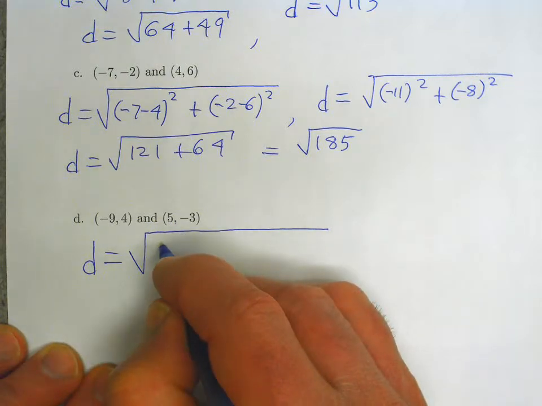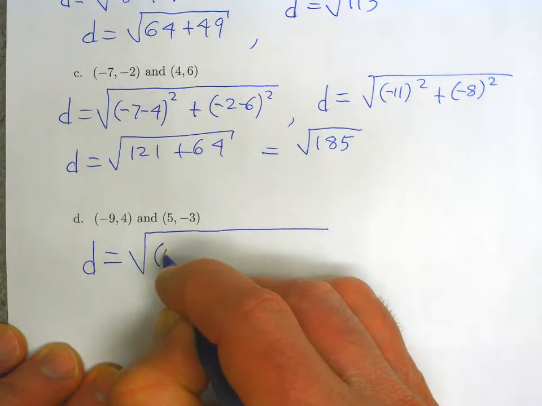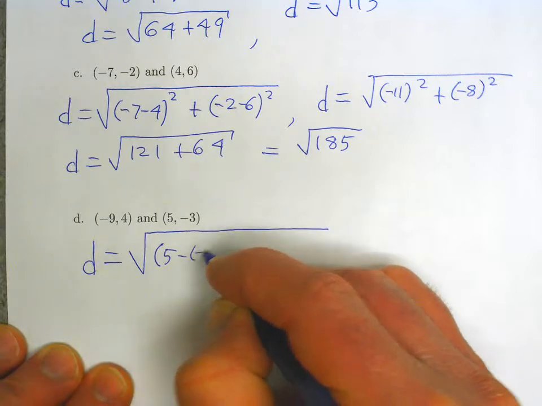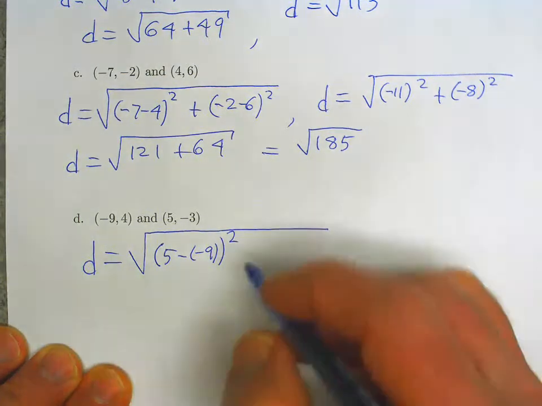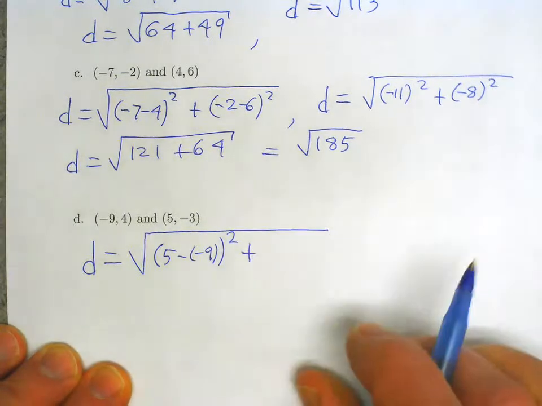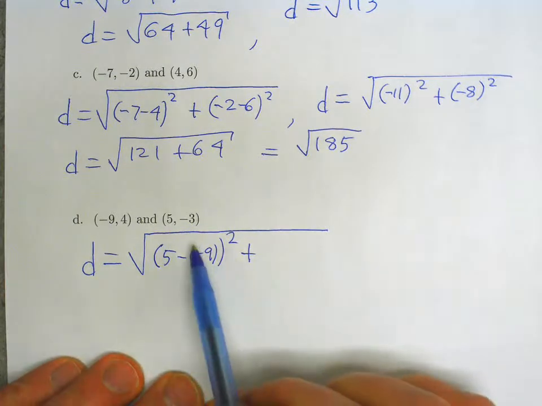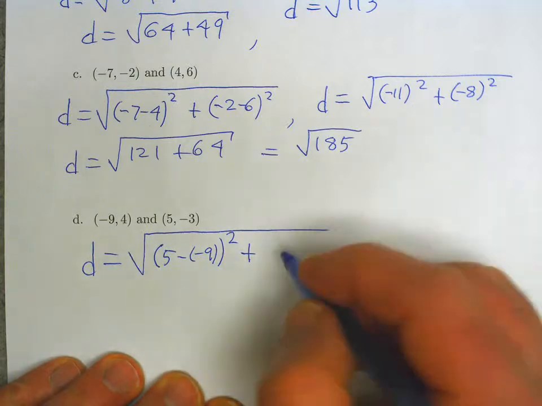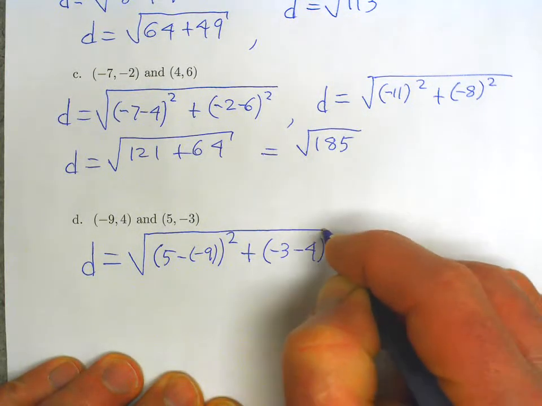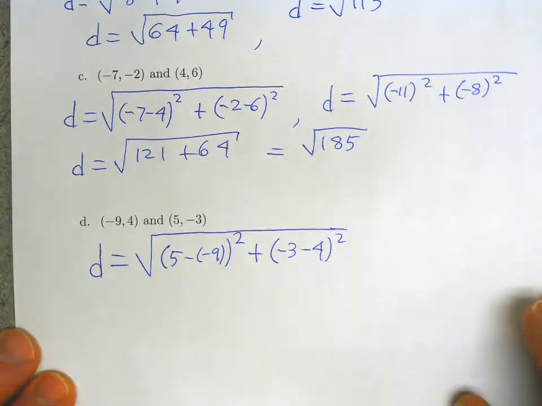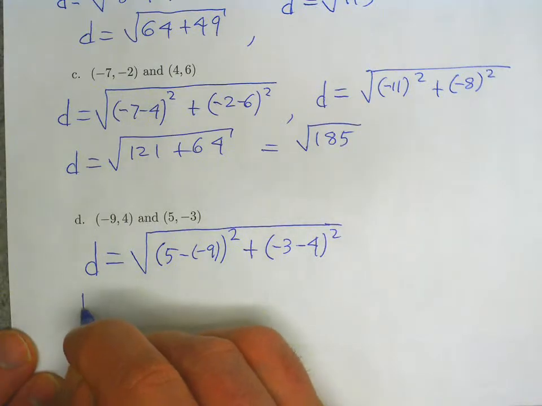So in parentheses, I'm going to write 5 minus -9, and then square that quantity, and then add that to (-3 minus 4) in parentheses, quantity squared. And then we do the arithmetic.